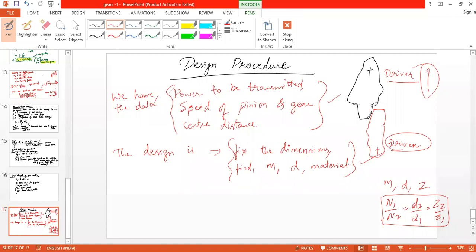Is it clear? How to identify the weaker member is another topic. But if you know the weaker member and design it for a safe design, then all the members in that assembly will not fail at all. Am I right?